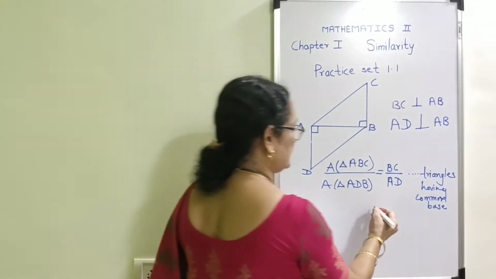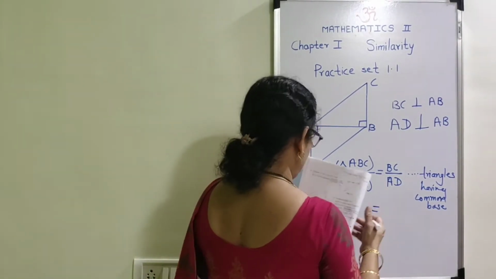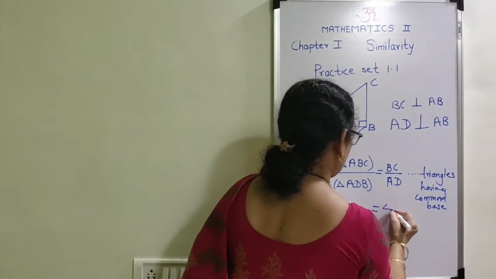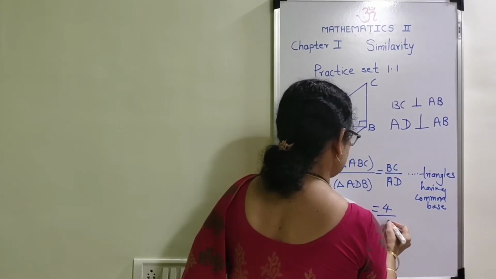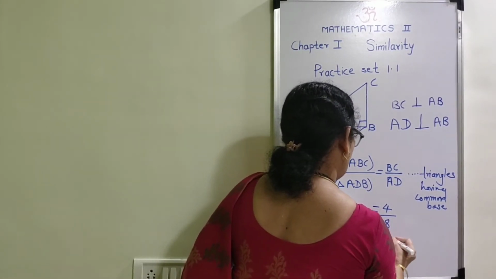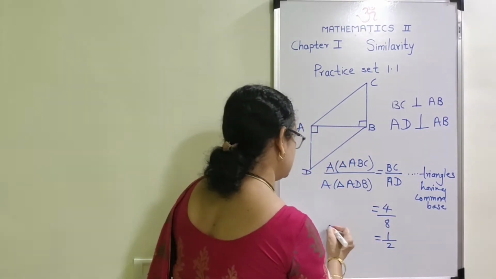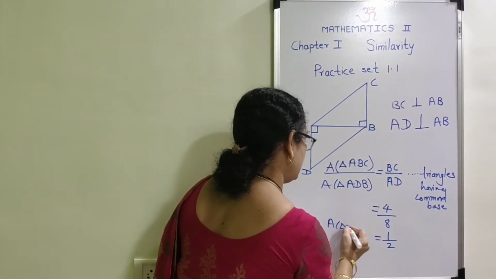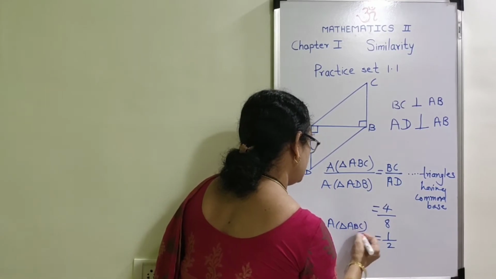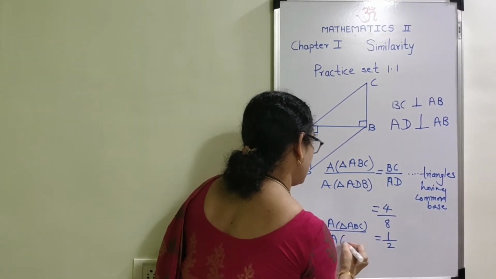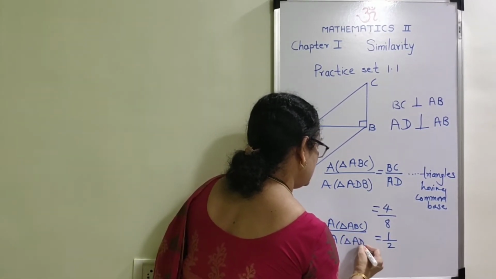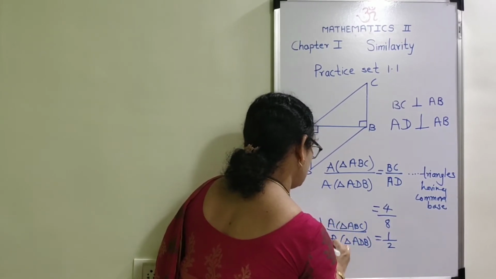Now I am going to substitute the values. Value of BC is given as 4 and value of AD is given as 8. 4 2s are 8, and therefore my final answer that area of triangle ABC is to area of triangle ADB is equal to 1:2.